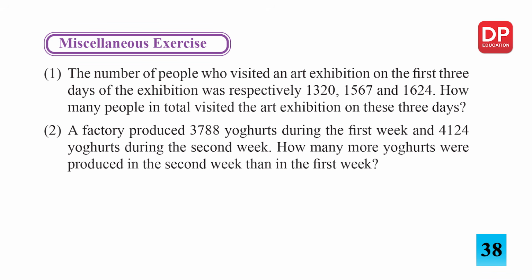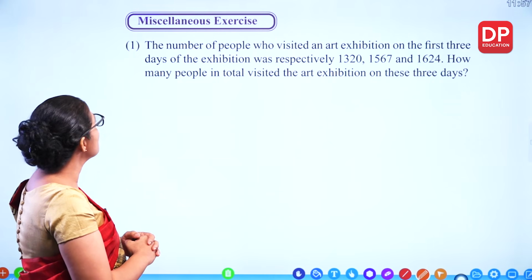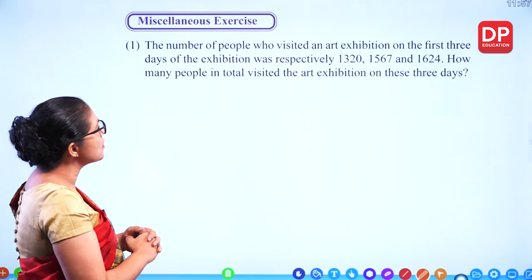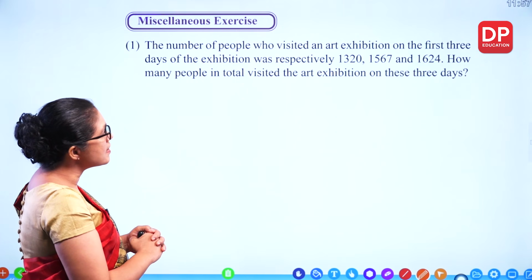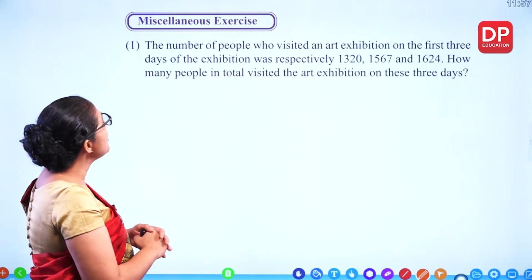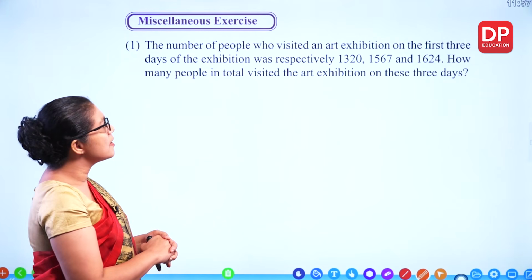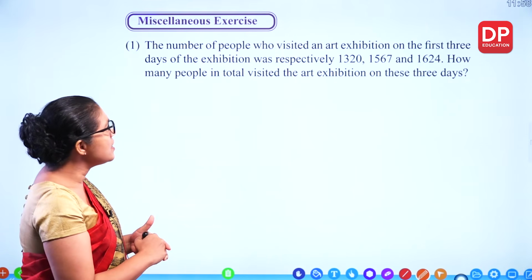Miscellaneous exercise. The number of people who visited an art exhibition on the first 3 days of the exhibition was respectively 1,320, 1,567 and 1,624. How many people in total visited the art exhibition on these 3 days? Total means addition.